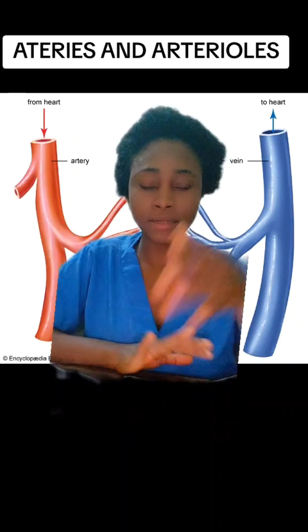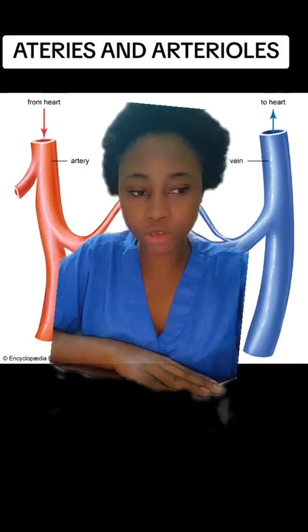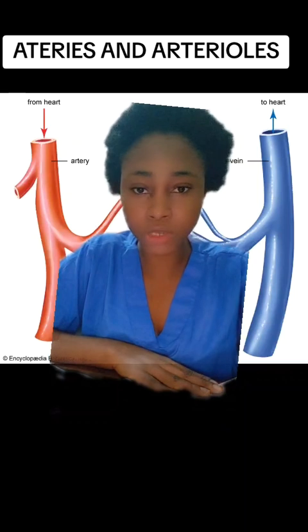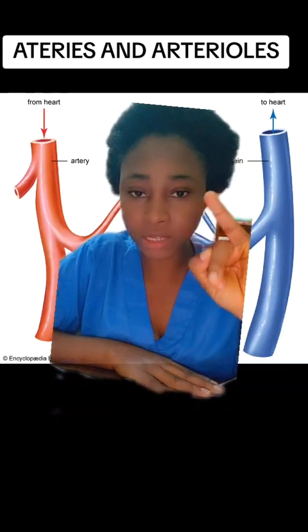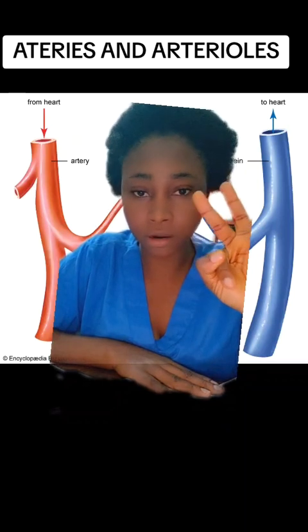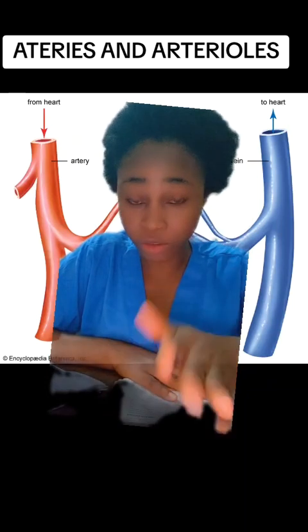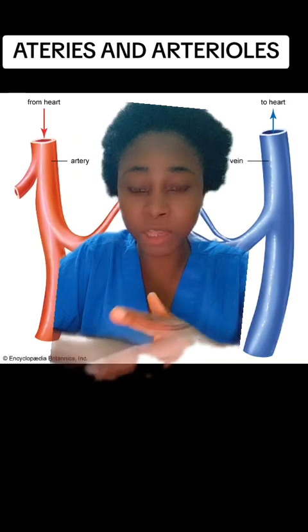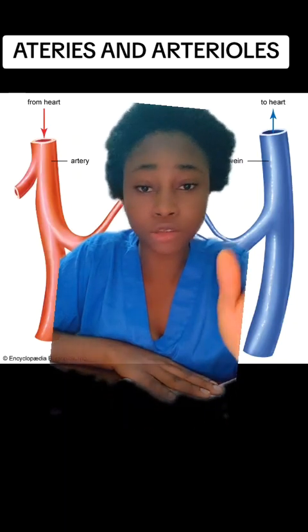As in the previous video, when we were explaining the structure of the wall of the blood vessel, we made mention of the tunica adventitia, that is the tunica externa, the tunica media, and the tunica intima.